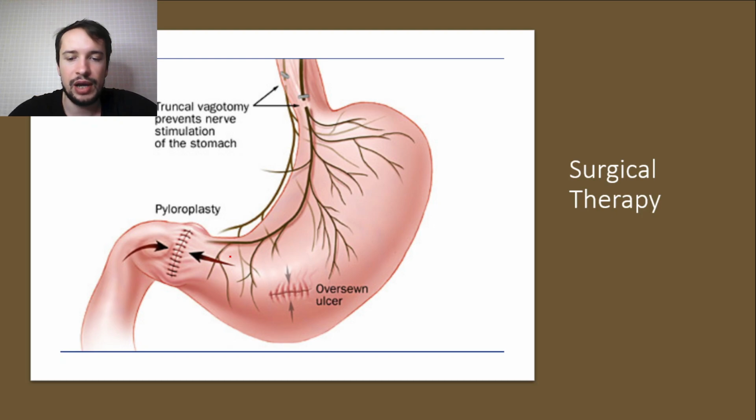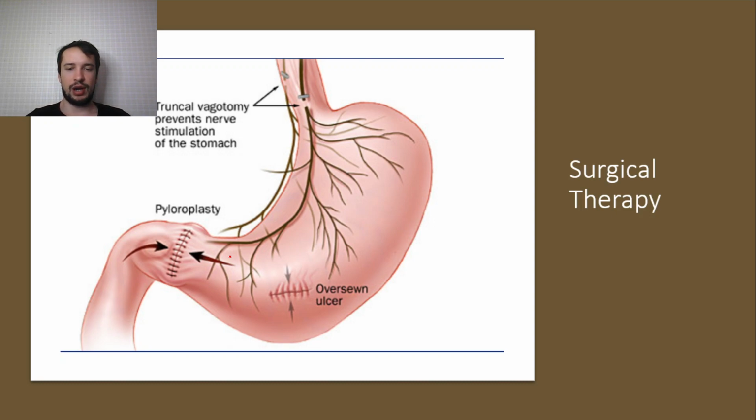Emergent surgery has a higher mortality rate than elective surgery, and resection procedures are accompanied by higher mortality than oversewing the ulcer and selective vagotomy or vagotomy and pyloroplasty. The operative choice is related to the surgeon's experience and low recurrence rates.